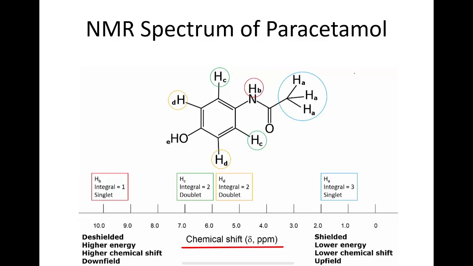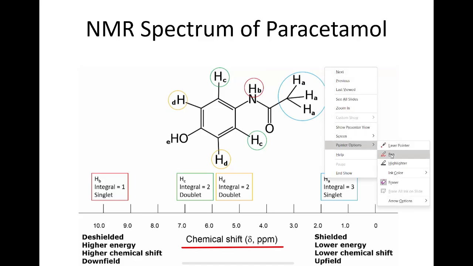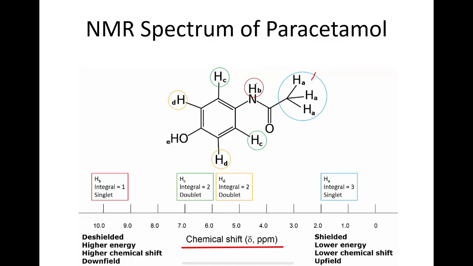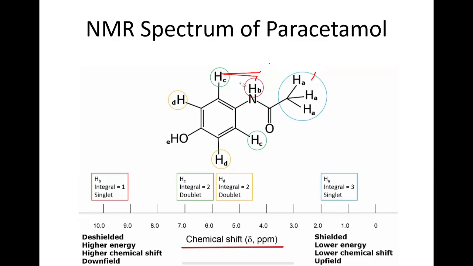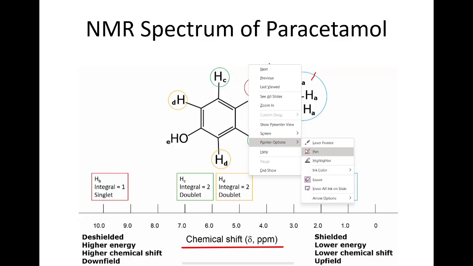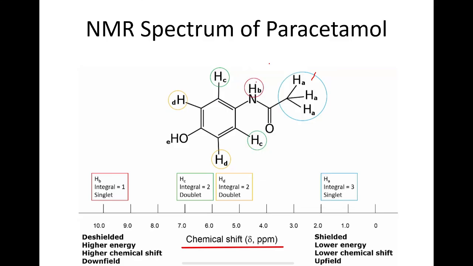We call this one A. We call this B, and we call these two C. We call these 3 D, and we call this one E. That's how we do it. Simple as that.